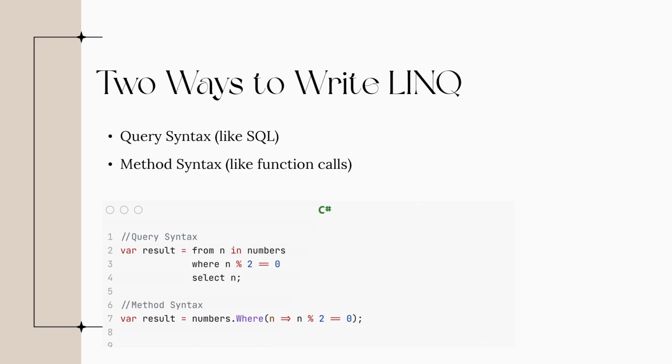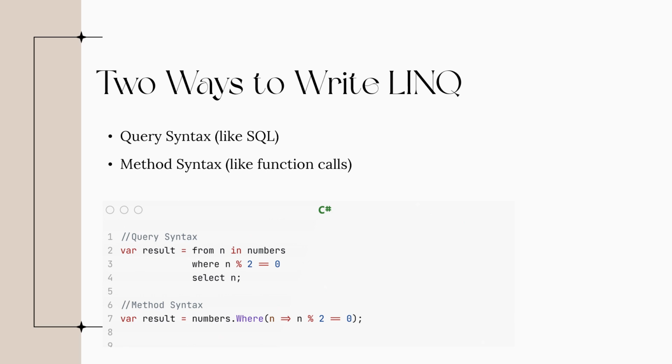So let's talk about advantages of LINQ in databases. Why use LINQ instead of SQL? Here are some key advantages, and the first one is LINQ reduces the amount of code we need to write compared to traditional SQL queries.